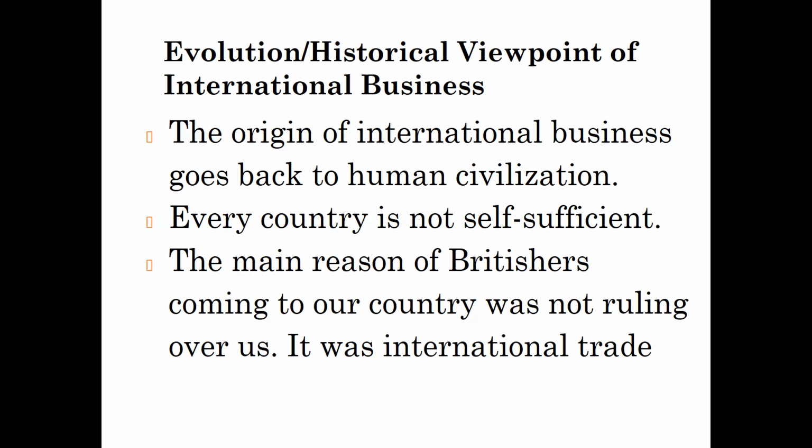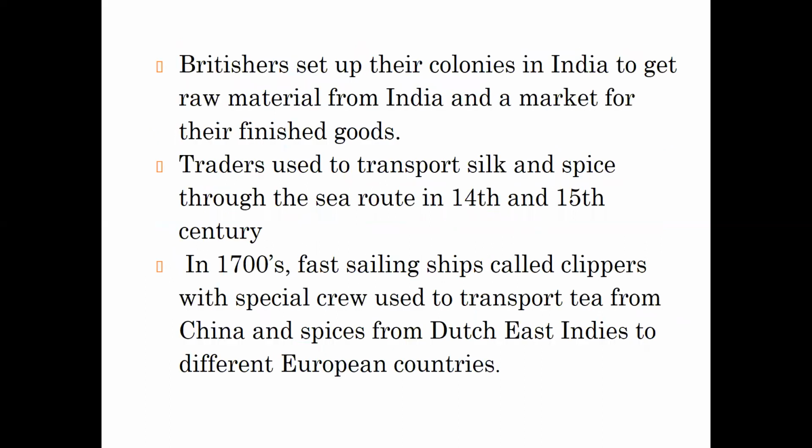Traders used to transport silk and spices through the sea route in the 14th and 15th centuries. Later, fast-sailing ships called clippers, with special crews, transported tea from China and spices from the Dutch East Indies to different European countries.